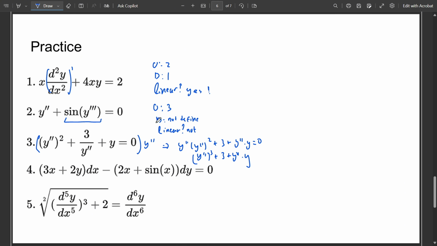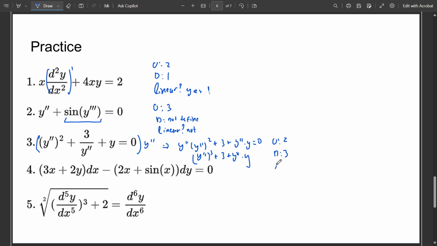So in this case, the order is what? The highest derivative, which is just 2. And the degree is the power on the highest derivative, which is 3.